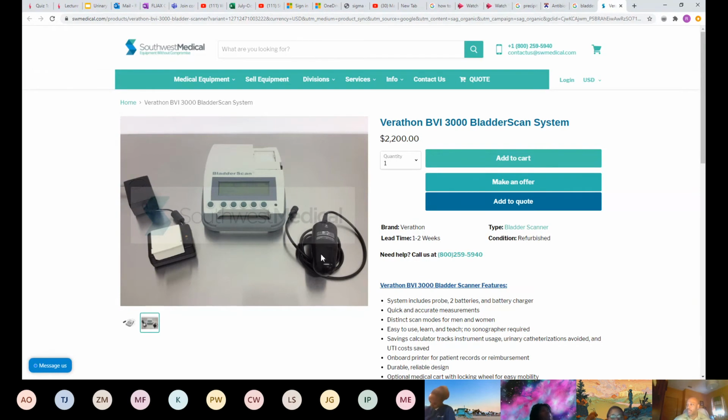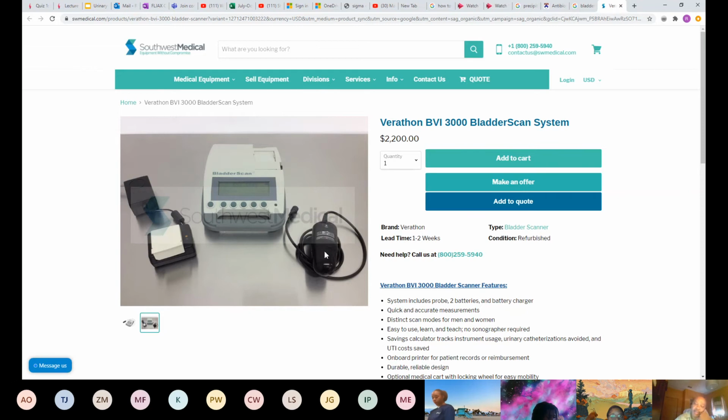Yeah, so is this what I was talking about? We have to place this over the pelvic area where the bladder is located, and you go in different regions. It's like 4 different regions, from what I can remember. It tells you basically the amount of urine that is in the bladder.